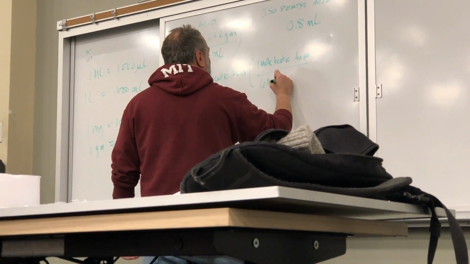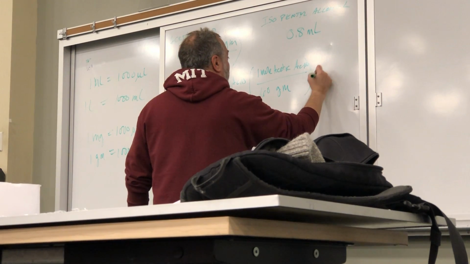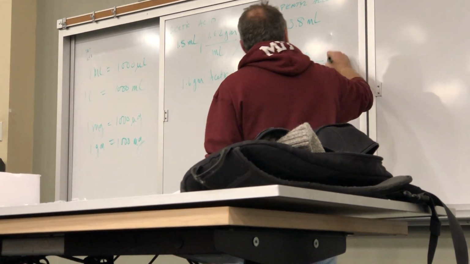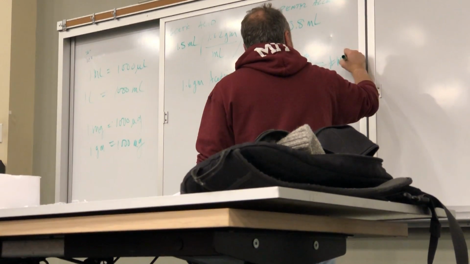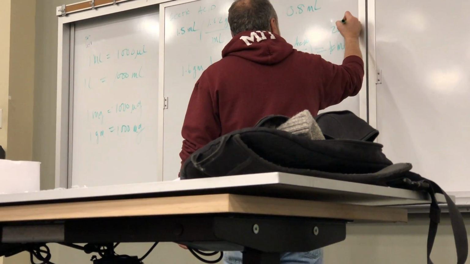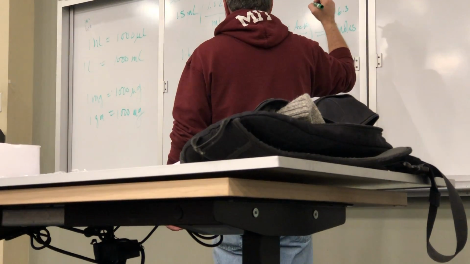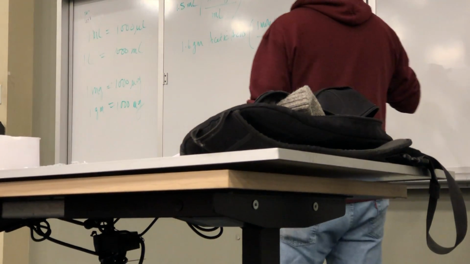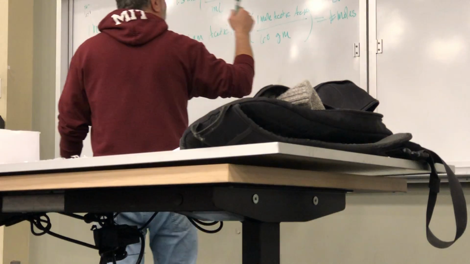Okay, so 60 grams. That gives us the number of moles. I think it's like 26.3, something like that, from the write-ups. So that's the number of moles of acetic acid.